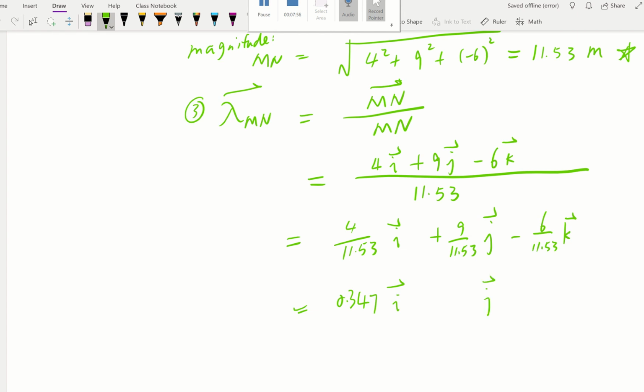Now let's look at the j term, 9 over 11.53, and hopefully you get 0.78. For the last term, negative 6 over 11.53, we will have negative 0.52. Knowing that, you get a unit vector for the direction.